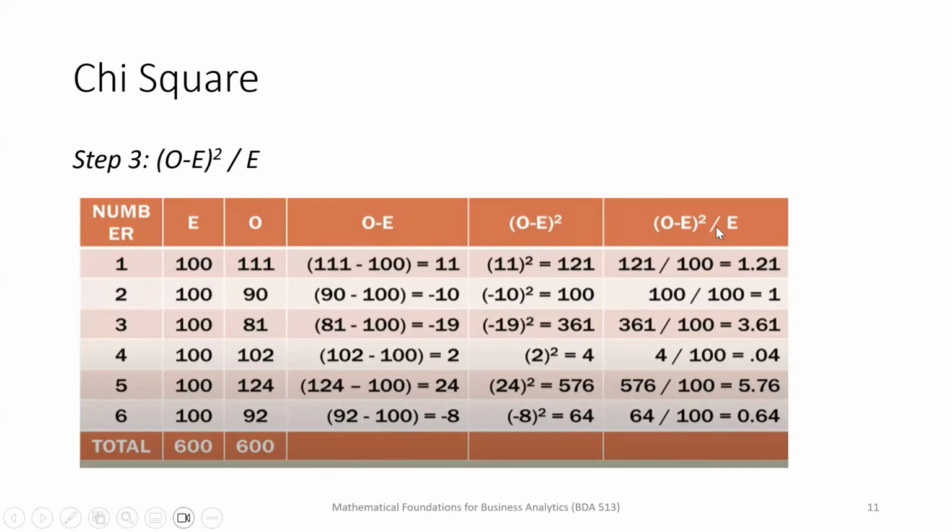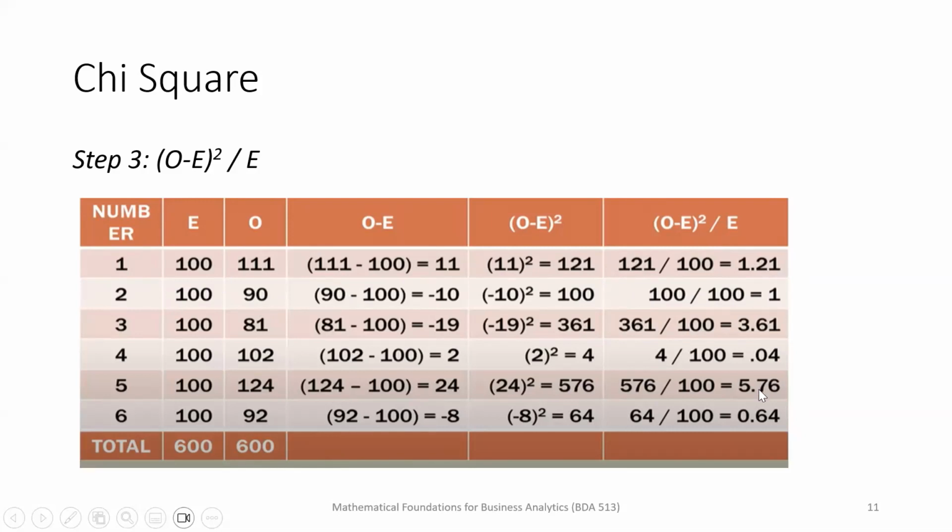If you divide it by the expected frequency of 100, it gives you 1.21. The second one, the squared difference was 100. You divide by the expected frequency of 100, it gives you 1. The third one, the squared difference was 361. We divide by 100, the expected frequency, it gives us 3.61, and so forth.